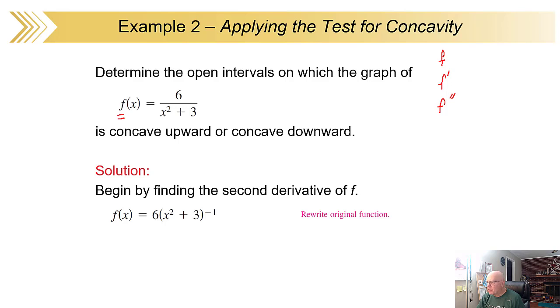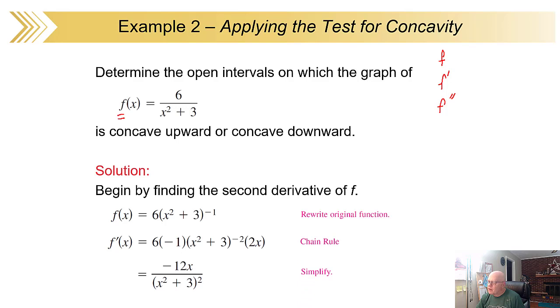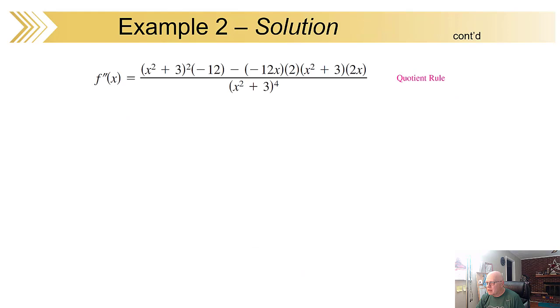Well, a little bit of a rewrite first. Use a chain rule to finish this. And there's our first derivative. We need the second derivative. So, we'll invoke the quotient rule for that one.